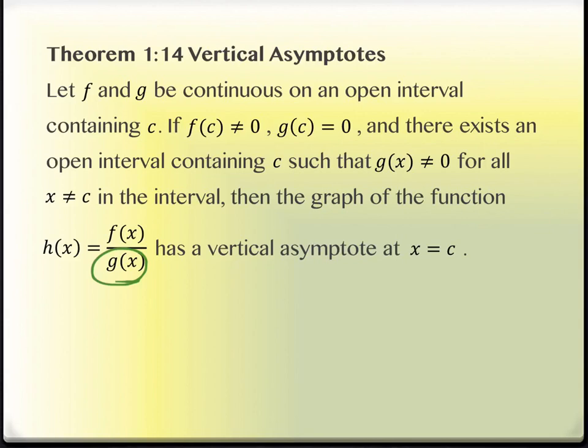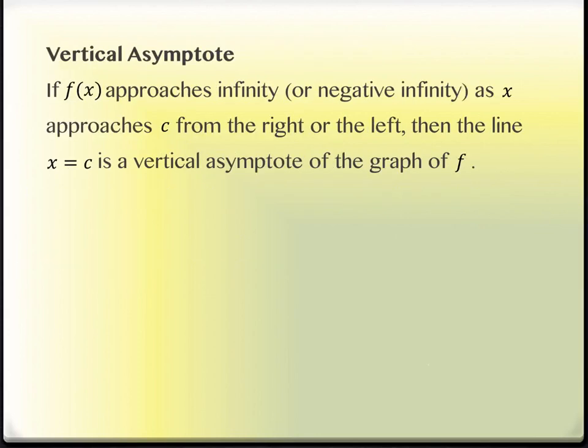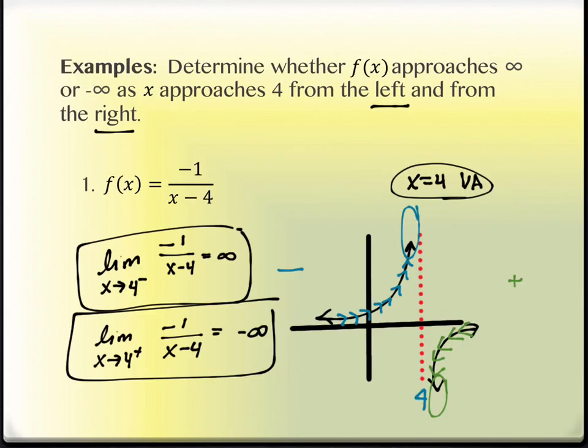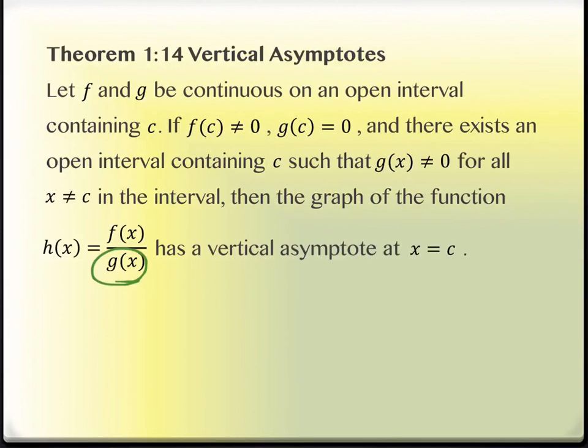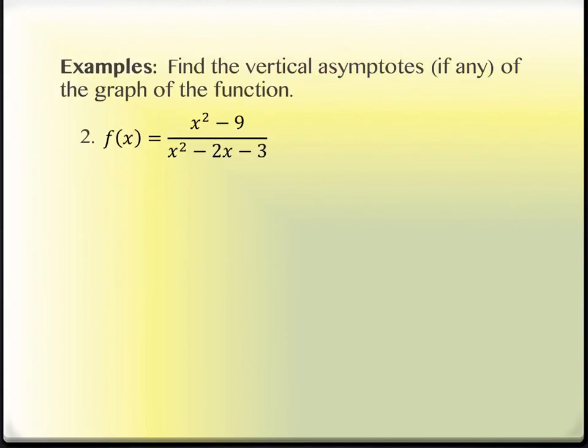So when we're looking for vertical asymptotes, we're doing a lot of the same things we've already been doing. We're looking to see where the denominator equals 0. We might be looking to see if we can factor anything, right? Like on the last example, there's no factoring. There's not a very exciting function to factor. But on the next example, we have the potential that maybe it will, because there's more going on.